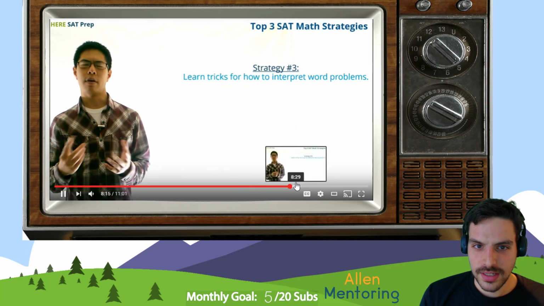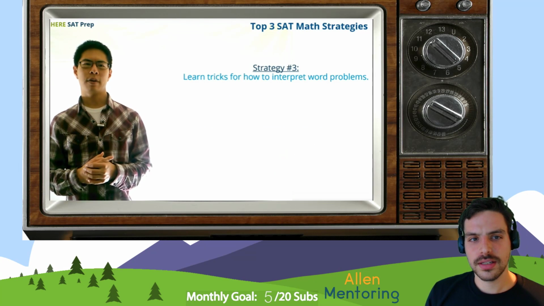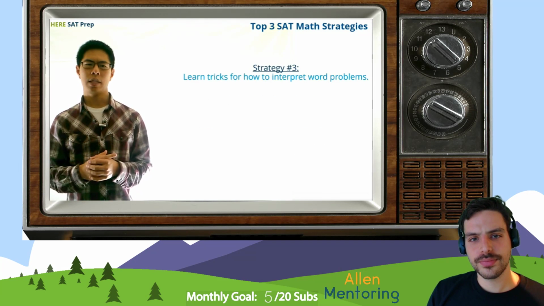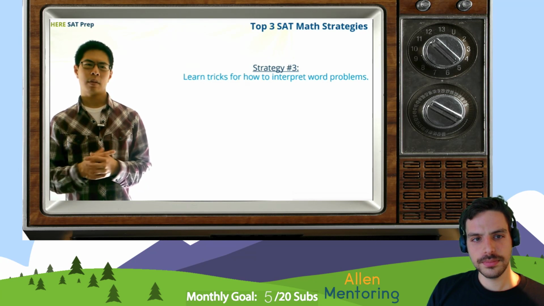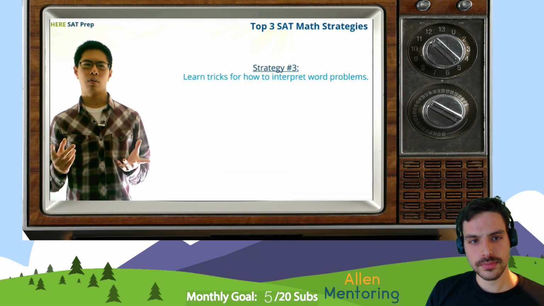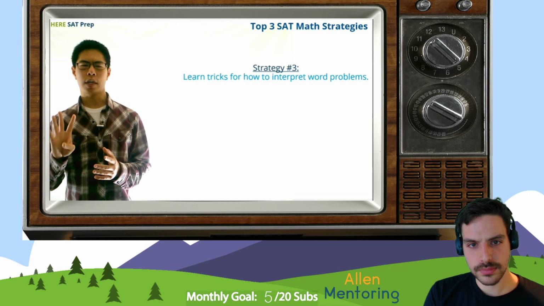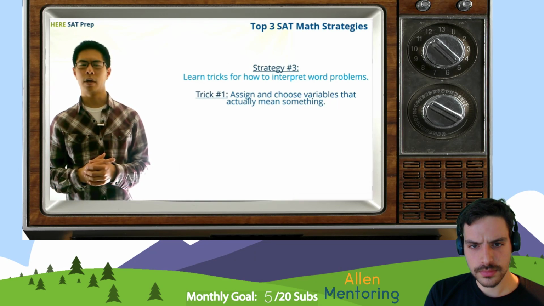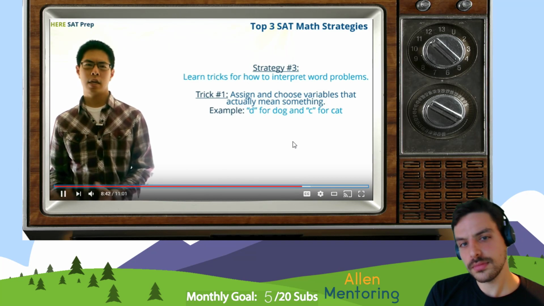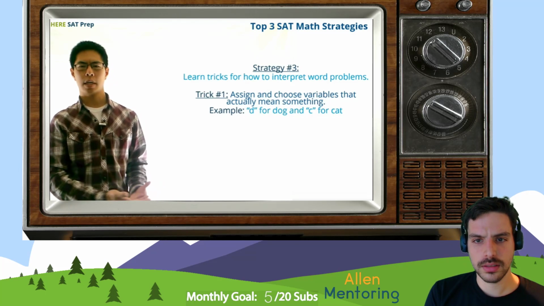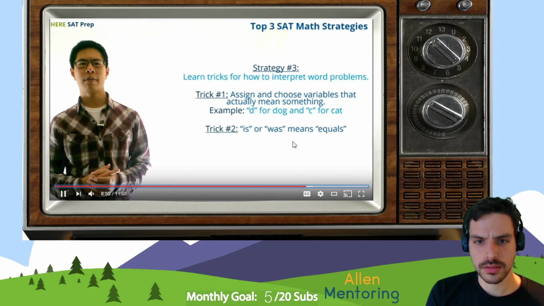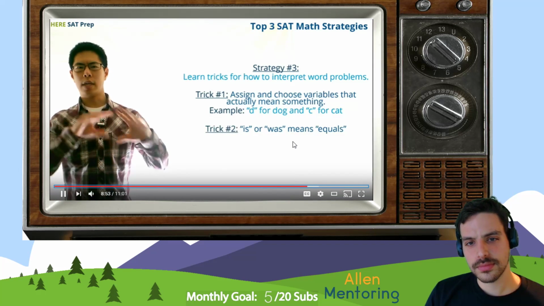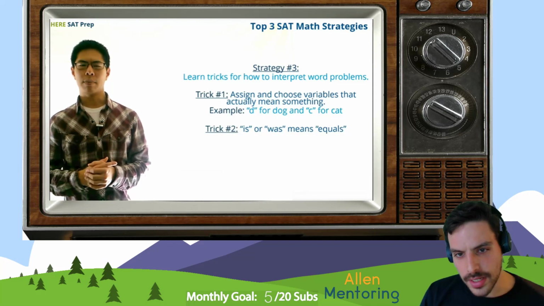All right, let's see strategy 3. SAT questions involve math. They also involve being able to understand and piece together what is being asked. So, for this part of the video, we're just going to go through 4 tricks. It's normally a good idea to assign variables to the things in the problem we don't know. We're dealing with dogs and cats. Okay, that's smart. A for dogs and C for cats. One of the key things to recognize is that the word is or was basically equals.